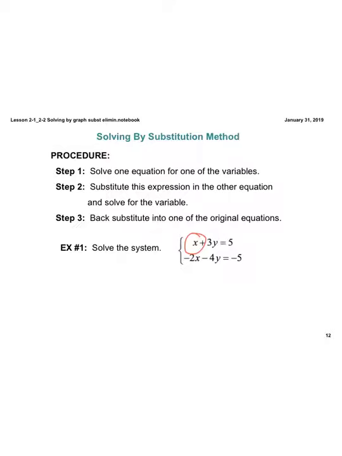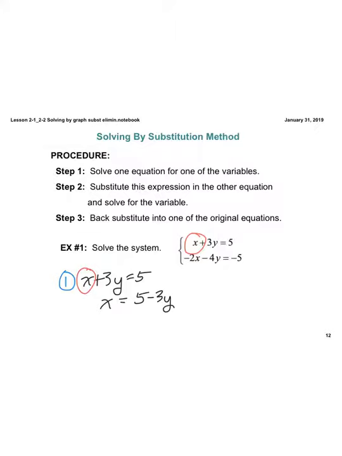So you'll solve one equation for one of the variables. So let's just start there. So step 1, I'm going to take x plus 3y equals 5, and I'm going to solve it for x. So that means I'm going to subtract 3y from both sides. So I get 5 minus 3y, and it's now solved for x.